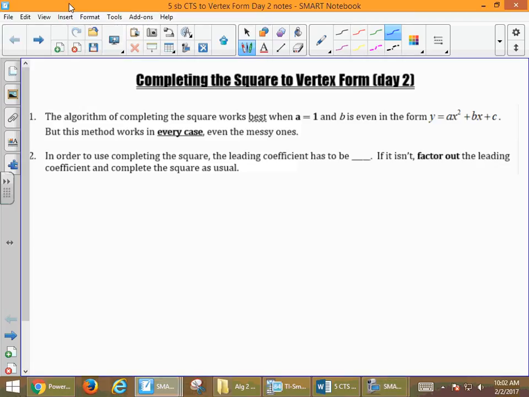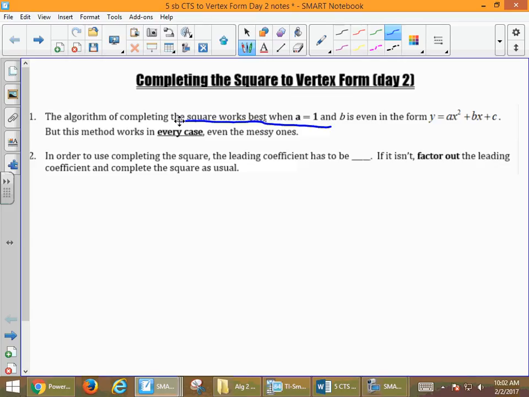But another thing we need to remember from last unit is that completing the square works best when a is 1 and b is an even number. When a isn't 1, what we had to do last unit was divide everything by that leading coefficient of a.